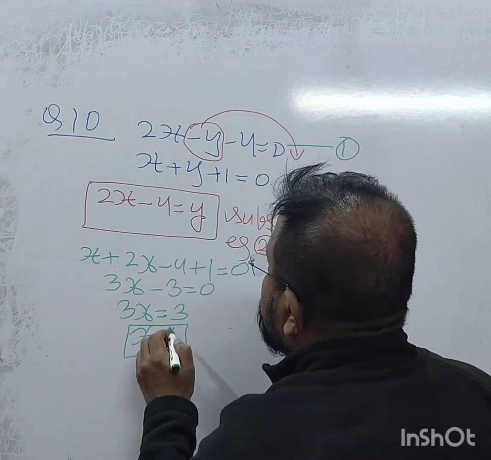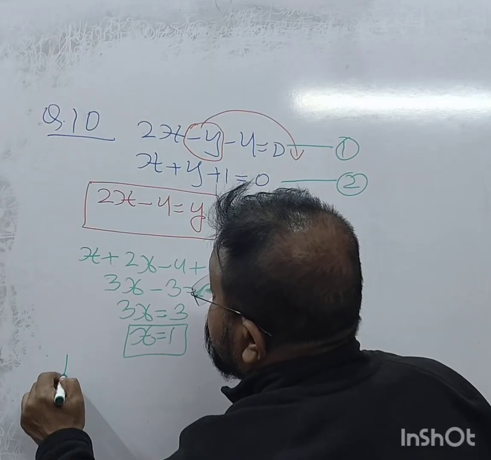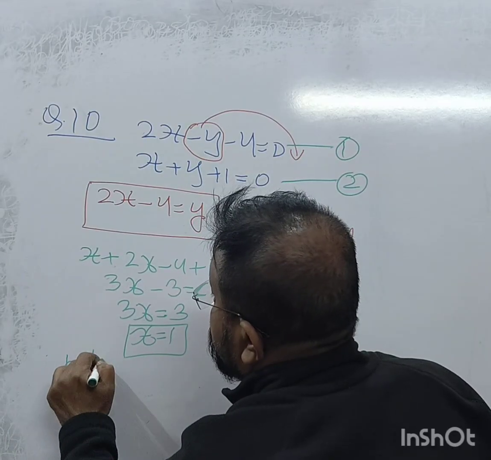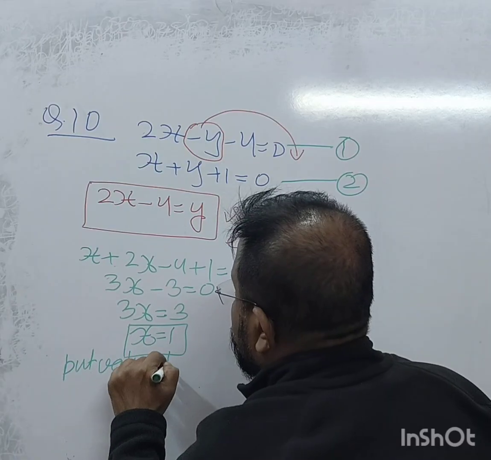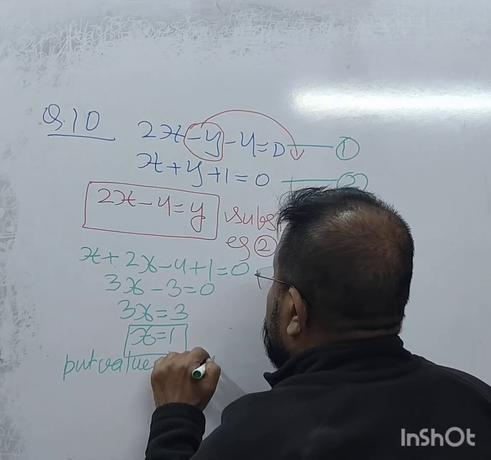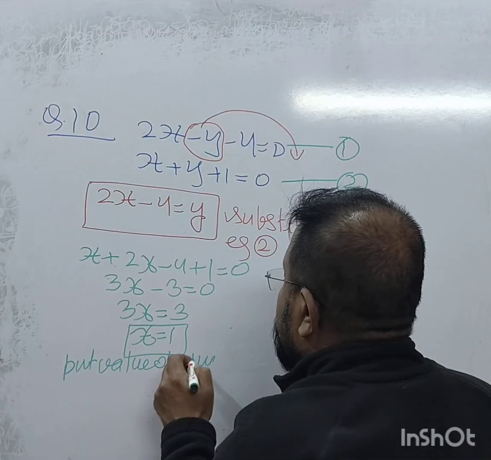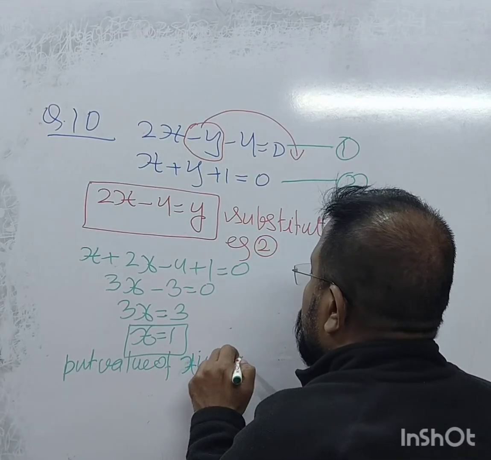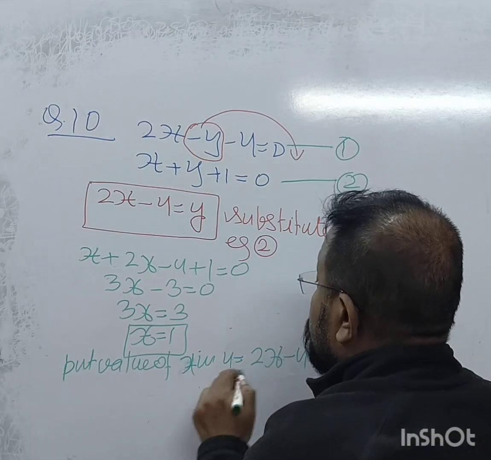So now put the value of x in y is equal to 2x minus 4.